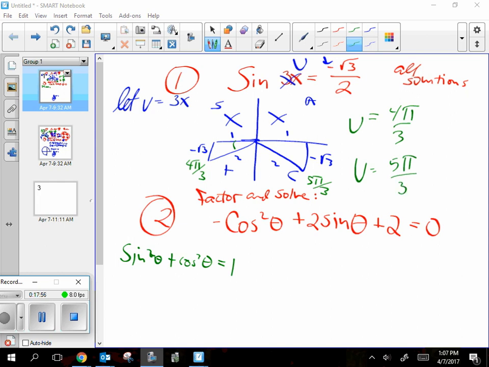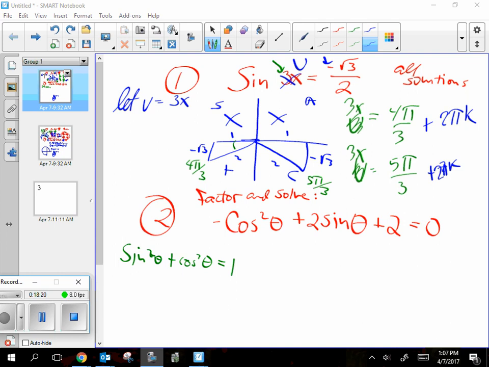But the problem is, you can't just stop with that because we did a U substitution. So we made the problem easier, now we got to make the problem harder because we got to take the U out and put back in the 3x. So this would be 3x, and this would be 3x. So what am I missing still, though? Plus 2 pi k. Don't forget that part.